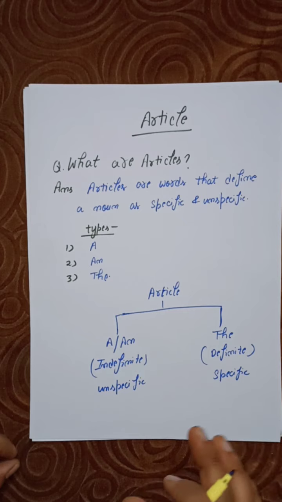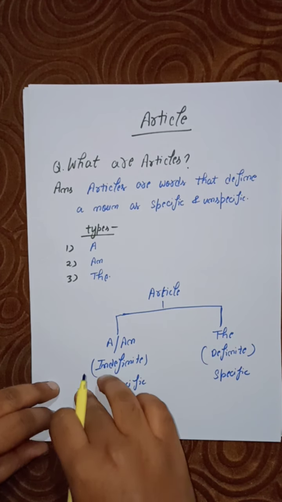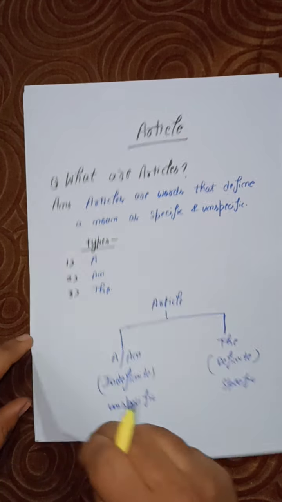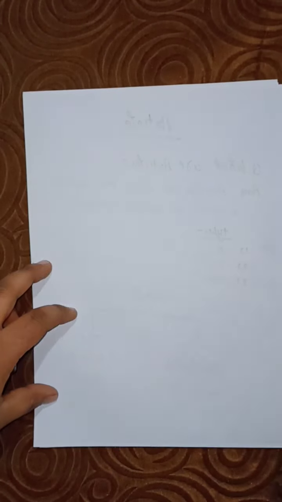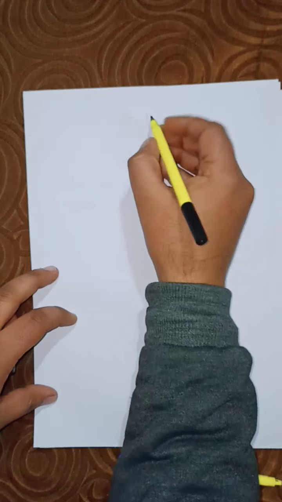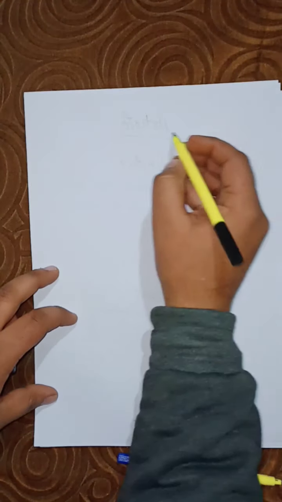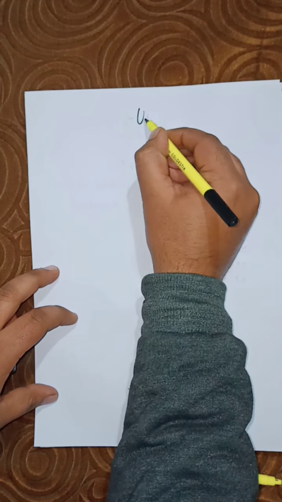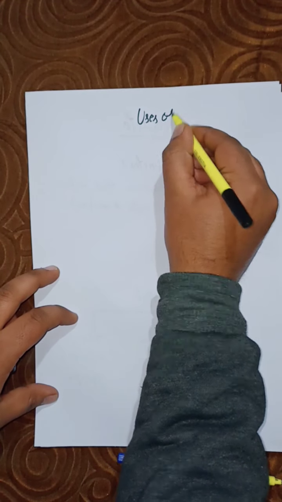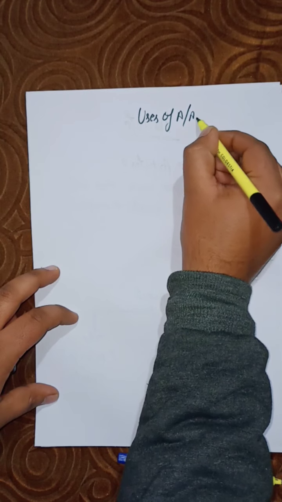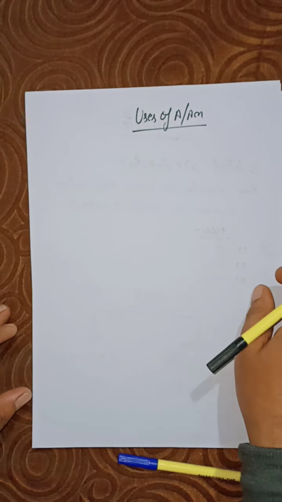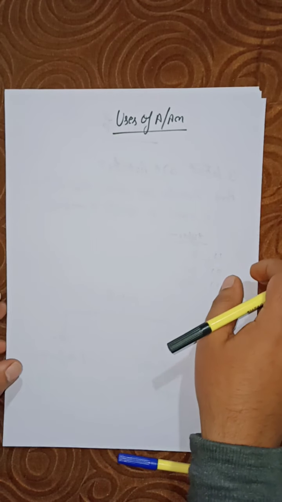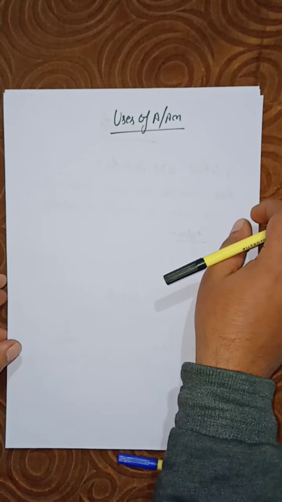In this video, we will just see the uses and various conditions or situations of articles a and an. So let's see the uses of a and an. There are certain rules for the use of a and an, and let's see them one by one.